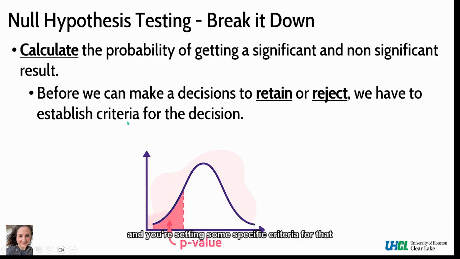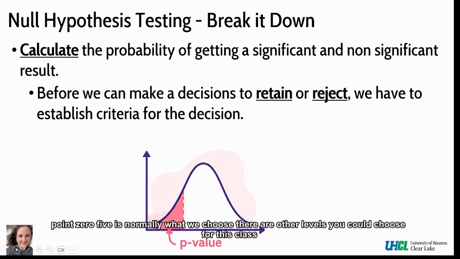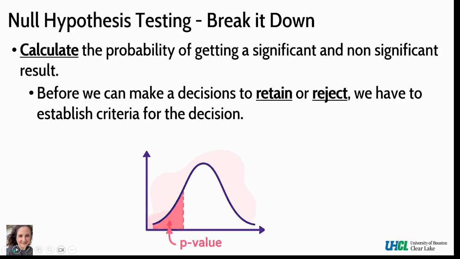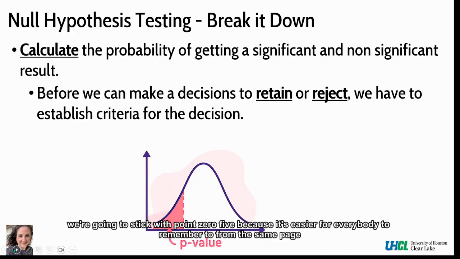And you're setting some specific criteria for that. So this little area under the curve is where your test statistic would fall if you reject the null. And the corresponding p-value to that statistic is going to be less than 0.05. 0.05 is normally what we choose. There are other levels you could choose, but for this class we're going to stick with 0.05 because it's easier for everybody to remember if we're on the same page.